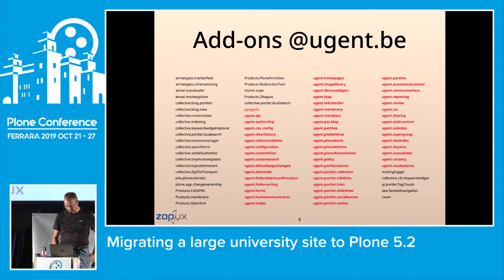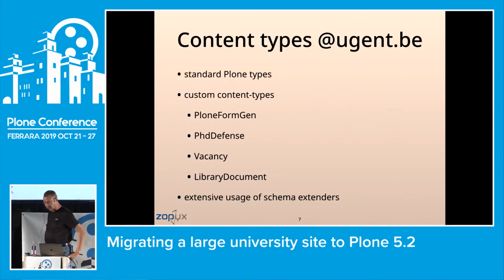On the other hand, when you look at the content types used at UGent, it looks a bit more friendly because they are only using the standard Plone types, and only 5 additional content types that are not part of the Plone core. That's PloneFormGen, you know that.